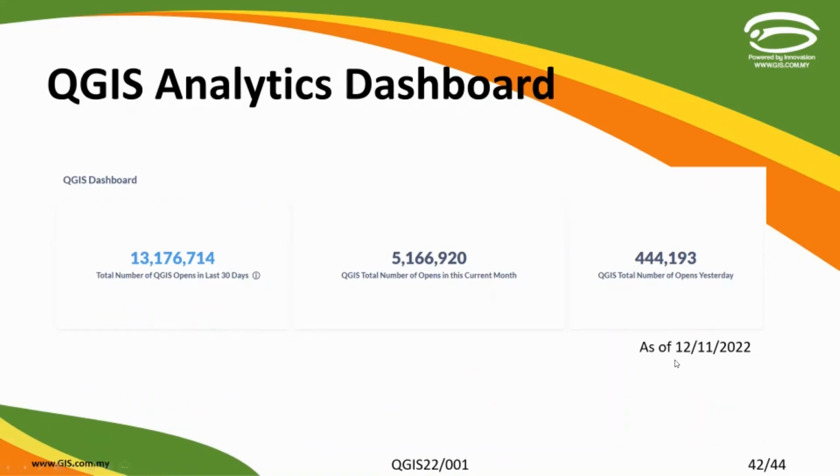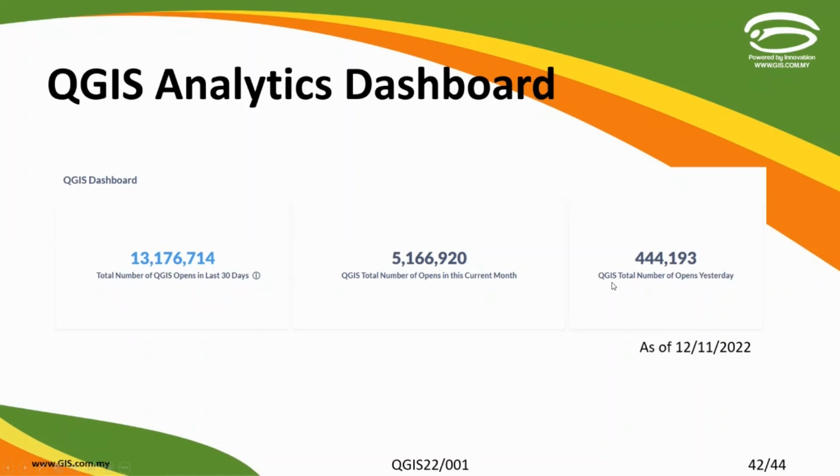So as of 12 November 2022, they say the total number of QGIS opens in the last 30 days is about 13 million, meaning that the software has been opened 13 million times. The total number of opens in the current month, meaning November until the 12th, is 5 million.